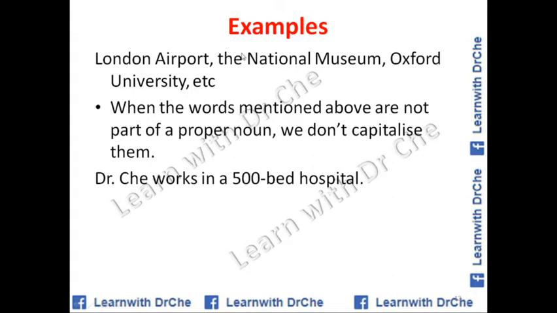Let us look at an example. London Airport. Normally airport we don't capitalize, but when talking about London Airport, we will capitalize. The National Museum. National we normally don't capitalize, but when it is part of the name, we will capitalize. The National Museum. Oxford University.